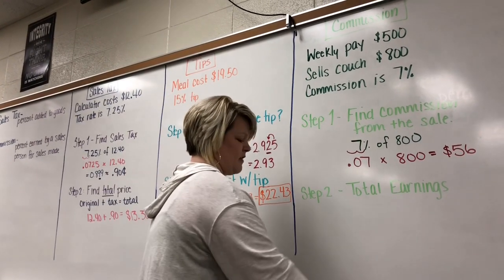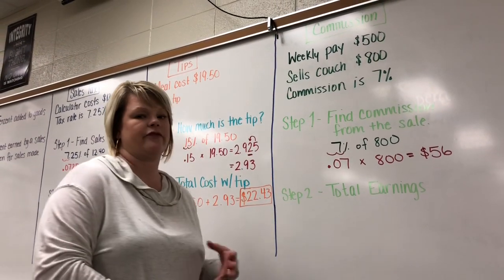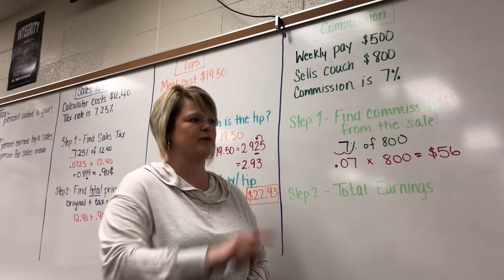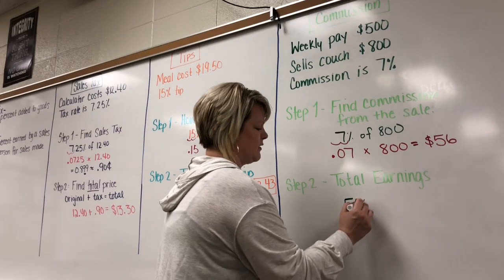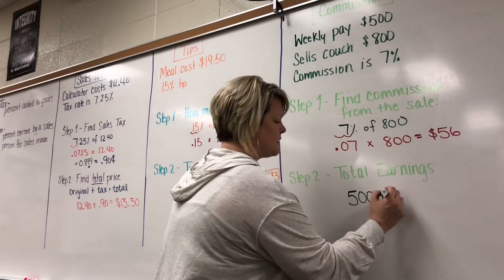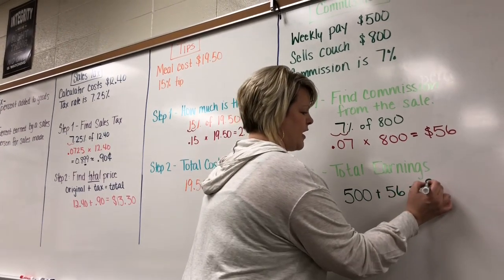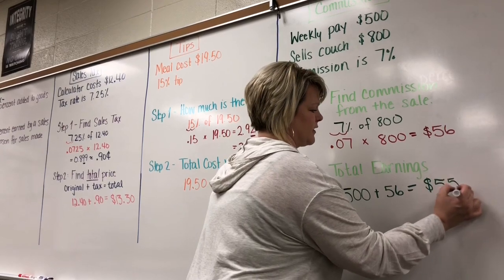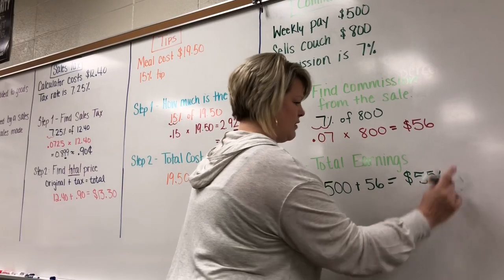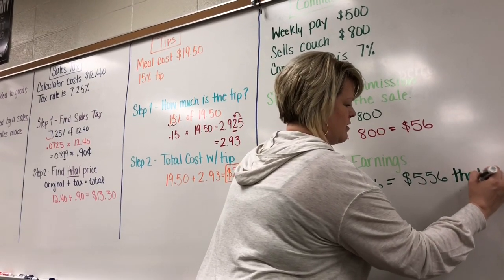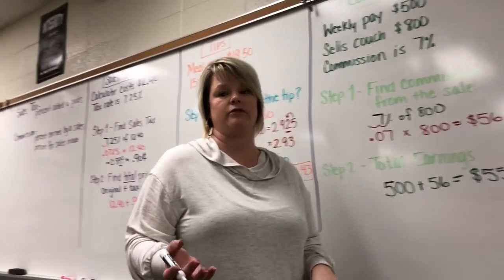But then we have to figure out what his total earnings are. So if we know that he gets a weekly pay of $500, and the only thing he did that week was sell that one couch, his paycheck is going to be his $500 plus his commission. So his check is going to be for $556 that week.